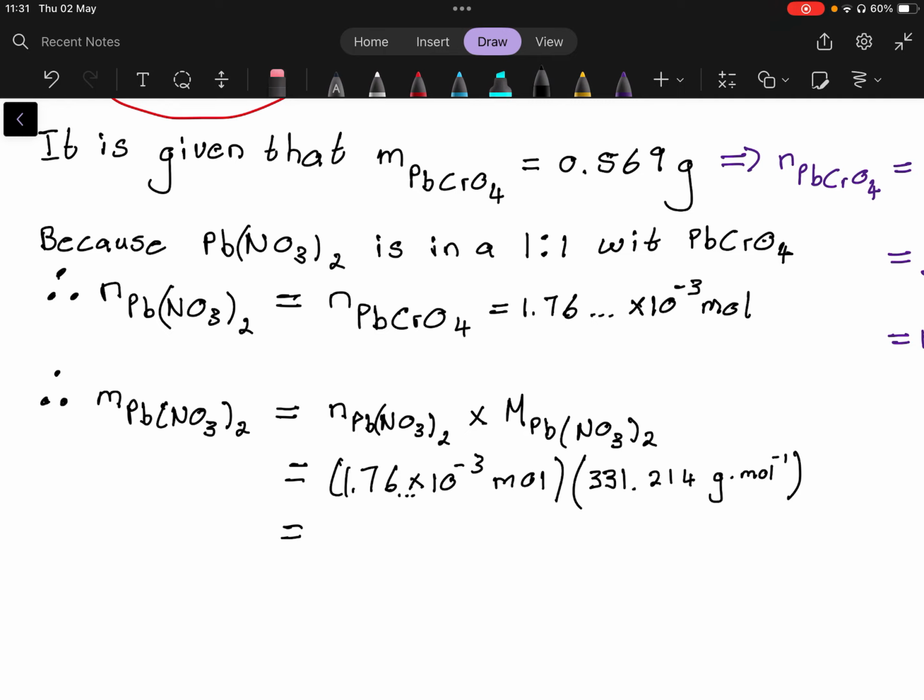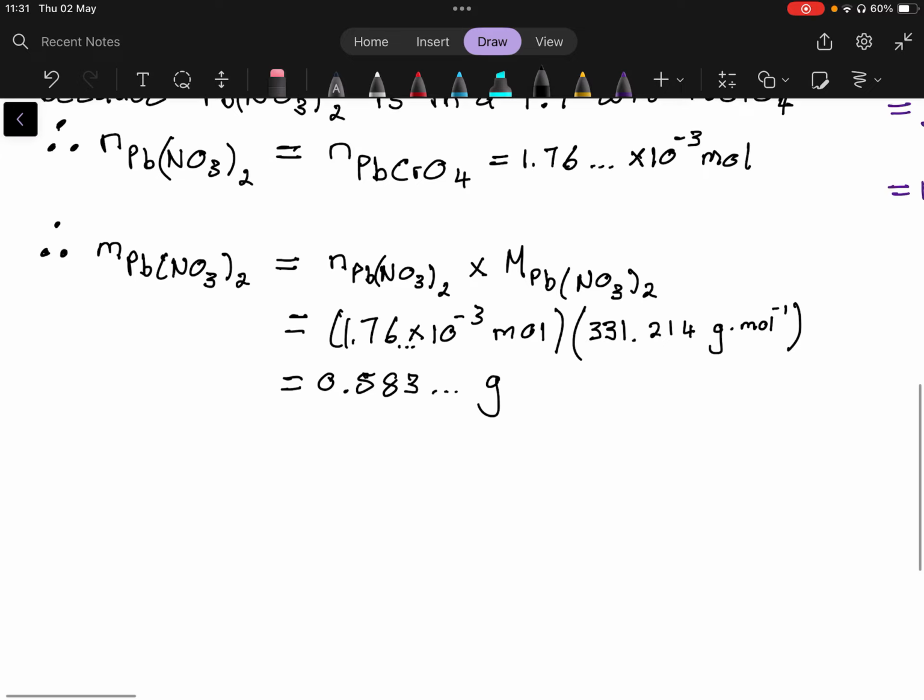And this will give you a value of 0.583, etc. gram. So now I know the mass of the lead nitrate present in the solution, the total amount of lead nitrate.